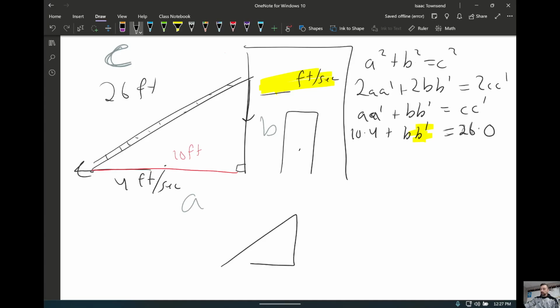So usually my pictures have too much going on here, so if I just re-sketch it, right triangle, this is 10, this is 26. I can do Pythagorean theorem. That would be the square root of 26 squared minus 10 squared, which comes out to be 24.